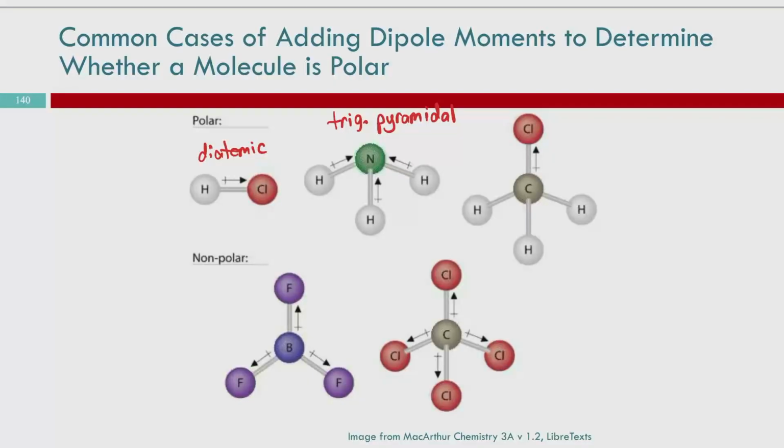If we were doing a top-down look, all the arrows pointing towards the nitrogen would cancel out. But because it's pyramidal, this way, there's going to be a net additive force. All the components, if we're looking at this BF3, would be coming out of the board. So they don't completely cancel out.